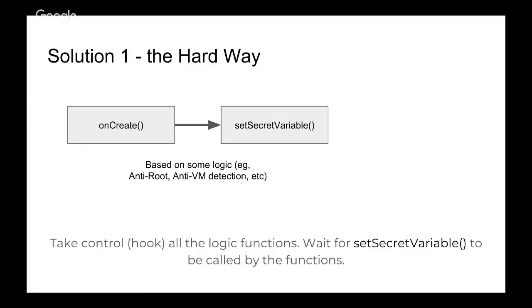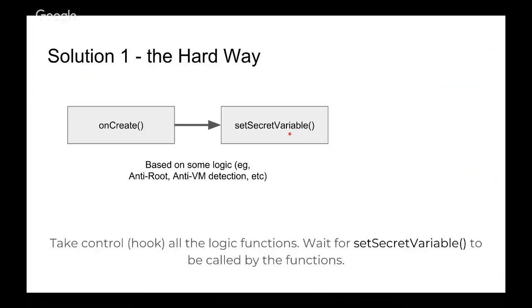We saw that onCreate, after some logic, calls set secret variable. The hard way is to check what the logic is. If it's anti-root or anti-VM or whatever, you try to control or hook all the logic functions and then wait for them to call this set secret variable, which is time consuming.